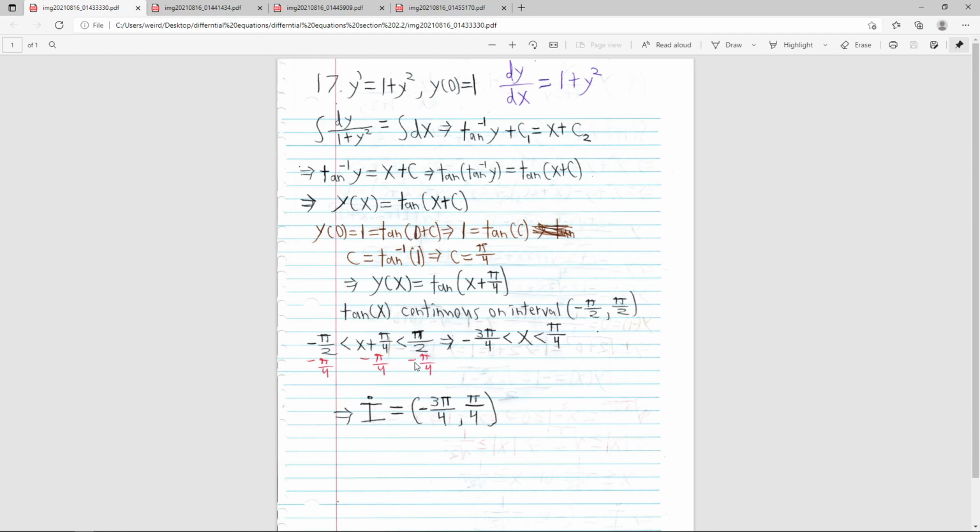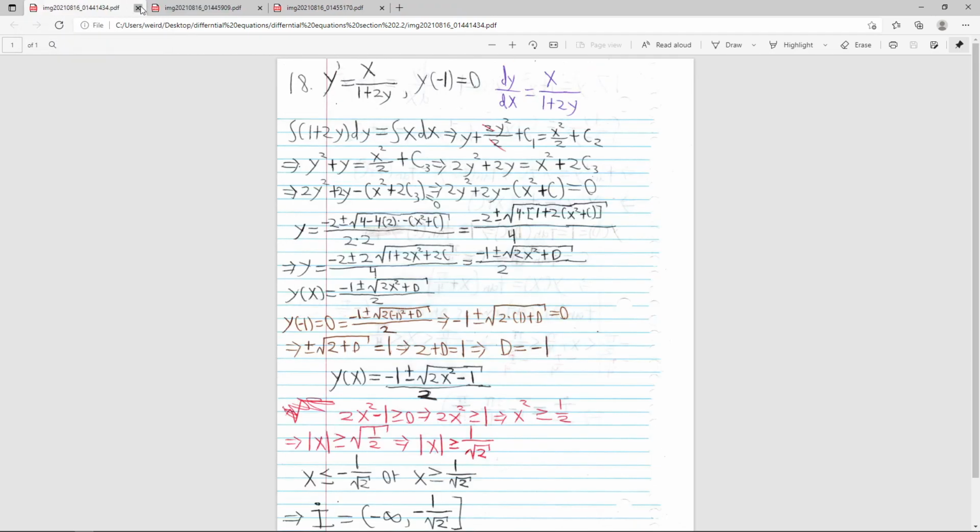If you want to see the process of figuring this out, we just subtract pi fourths to get the range for x. So negative 3 pi fourths and pi fourths. So it's in between those. So the interval of existence is negative 3 pi fourths to pi fourths.